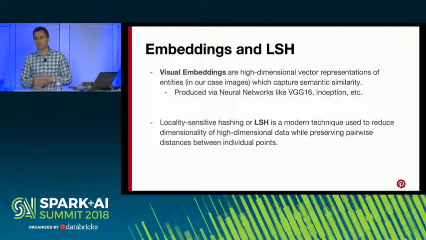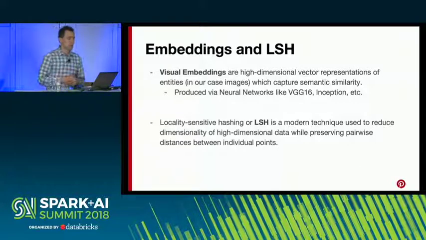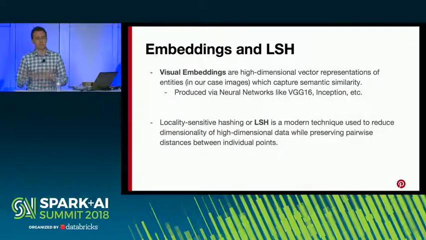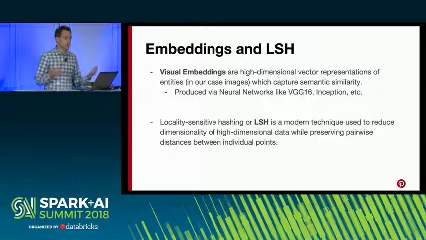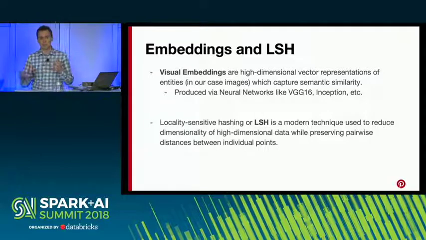It's typically applied to make a space more computationally tractable for problems such as nearest neighbor search and so on. And in our case, the space is the visual embedding space. So embeddings in general is a technique to transform objects into a k-dimensional space which captures semantic similarity. And in the case of images, similarity is also visual, not just semantic.